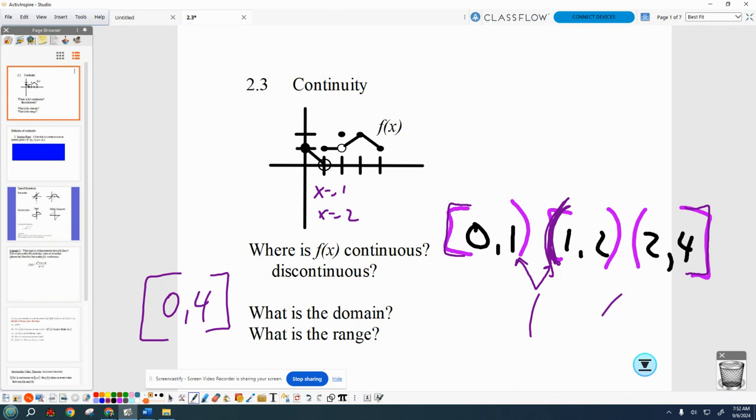The range, it's 0 not inclusive all the way up to 2, inclusive. So round bracket on the 0, up to 2 square bracket. Good.